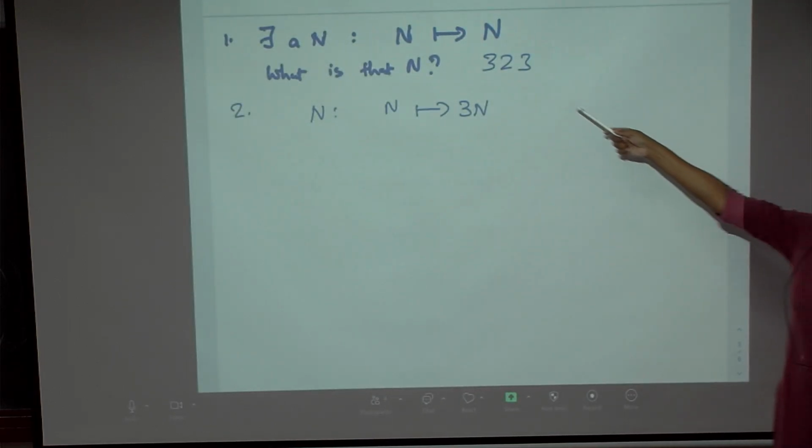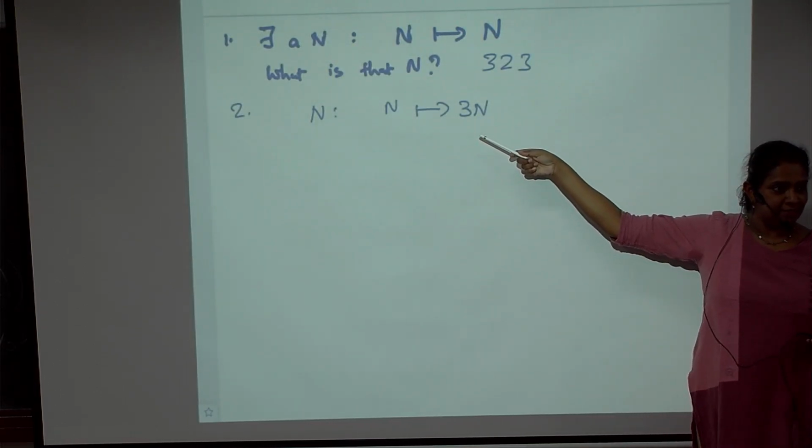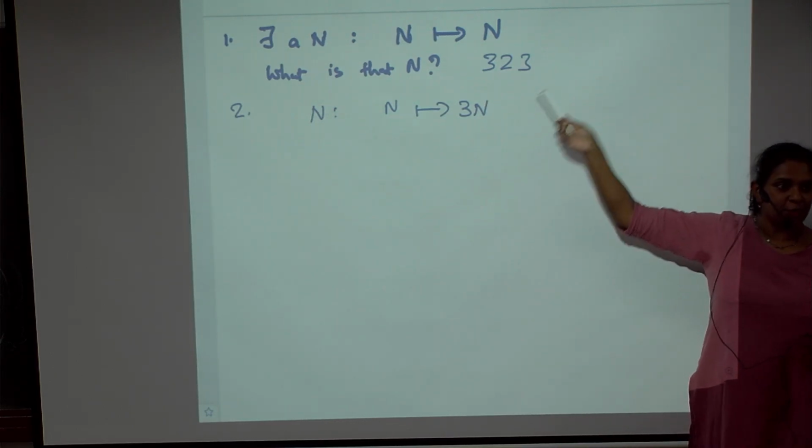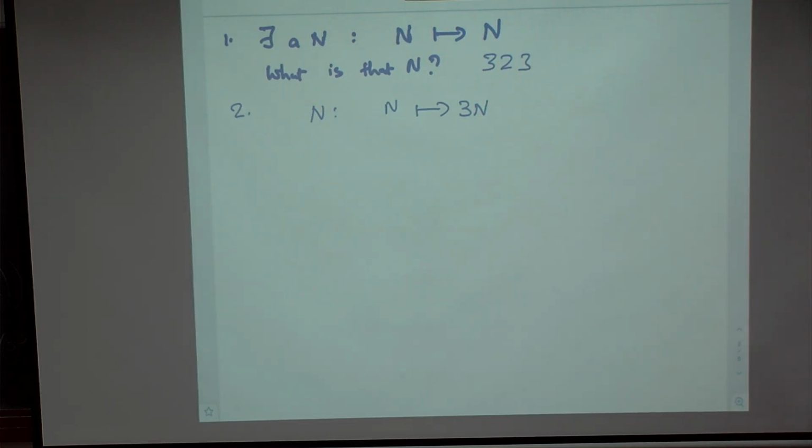So this will not work for this one, right? Because it's just keeping all, n is giving back only n. You want to add a 3 in the beginning. How can you get that? Just show me.